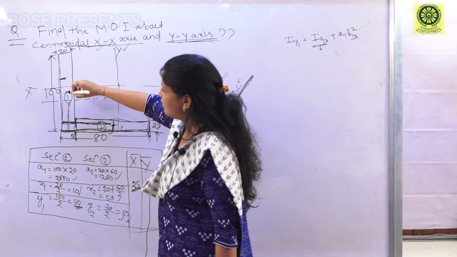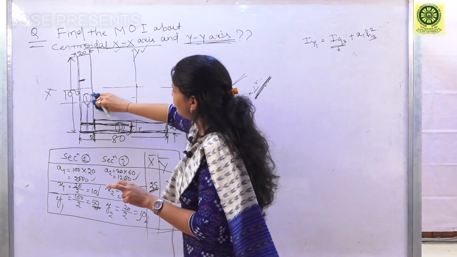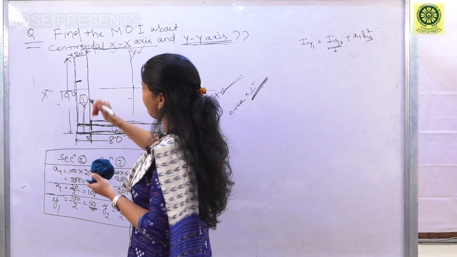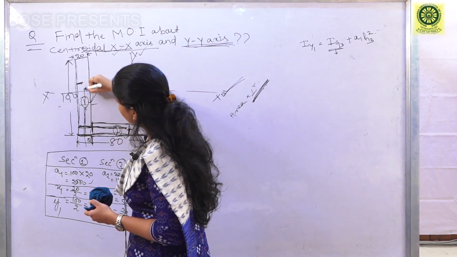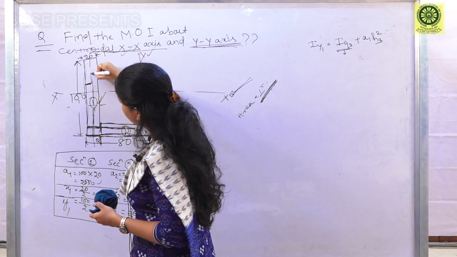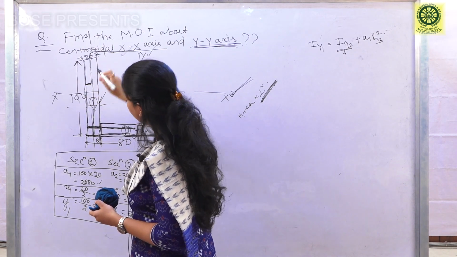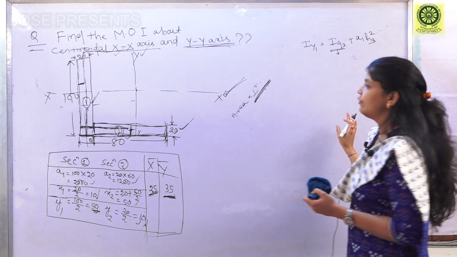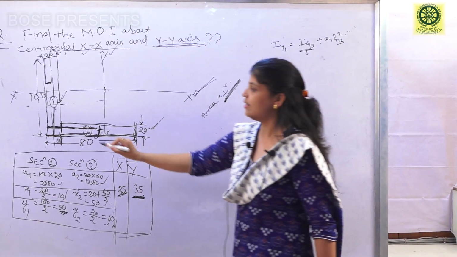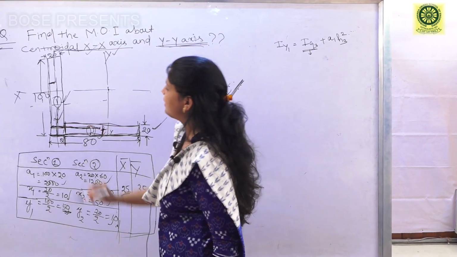That means, suppose this is our section 1. So if this axis is passing through the centroid and it is also parallel to the y-axis, now we have to find out the moment of inertia for the section 1 about this axis.